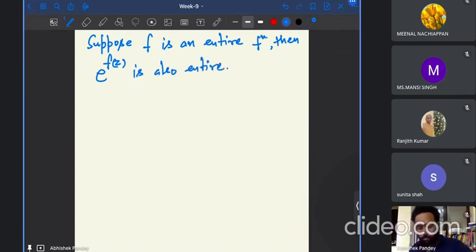But suppose f has a singularity at some point z naught. What we can say about the singularity of e to the power f of z? Okay.